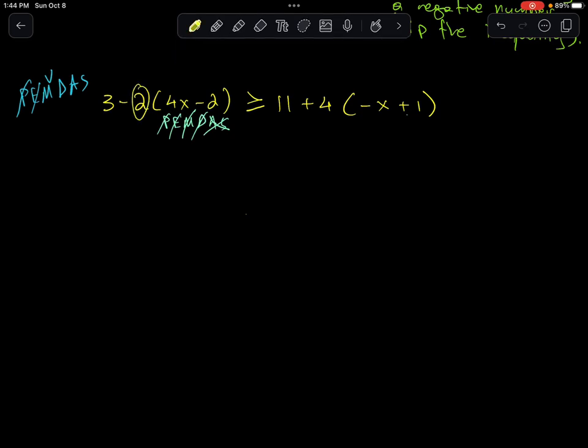So this is what I'll do, and there is certainly something to do here. I multiply a number times a parenthesis. That means I will distribute the number among the terms of the parenthesis. Now there are two terms here, 4x and negative 2. In general, terms are connected by a plus or a minus. You can't say that 4 is one term, x is another term, and negative 2 a third term. 4x is one term because it's 4 times x.